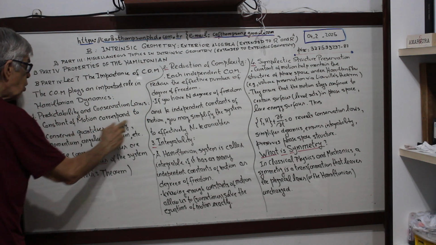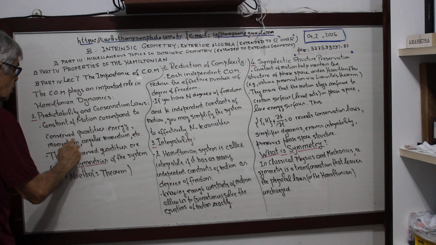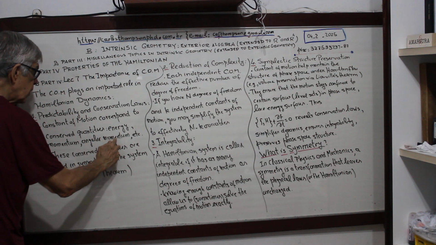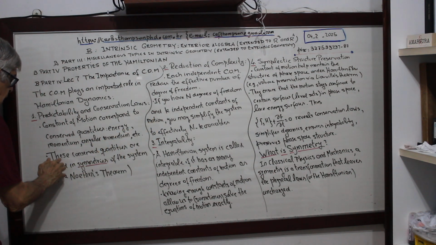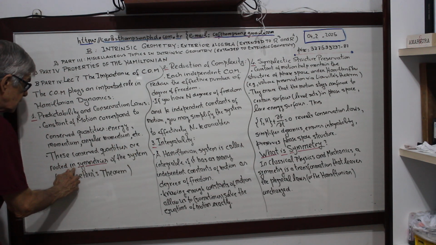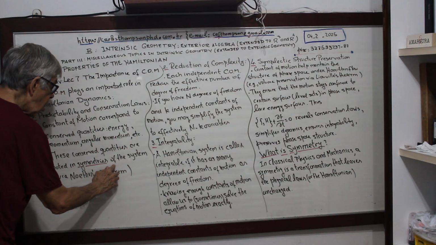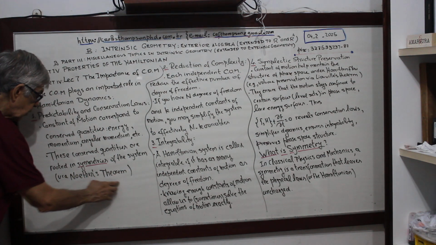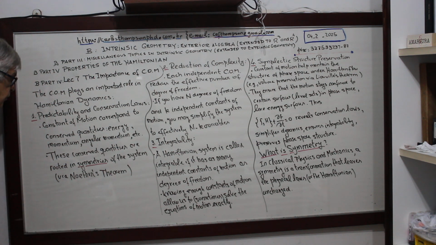Constants of motion correspond to conserved quantities: energy, momentum, angular momentum, and so on. These conserved quantities are rooted in the symmetries of the system via Noether's theorem. This you'll see later, ahead.